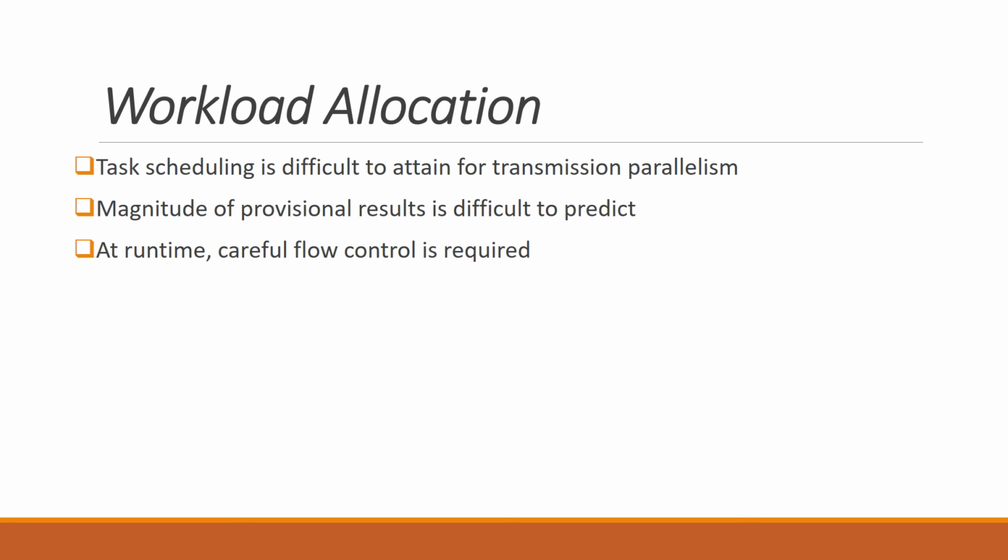Moreover, the size of intermediate results is difficult to predict. At runtime, careful flow control is required to ensure that the data produced by producer operators is processed quickly by the consumer operators. Otherwise, the input data for the consumers would have to be stored in temporary files, introducing a potentially large amount of disk I/O.